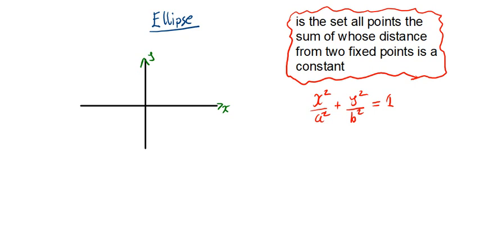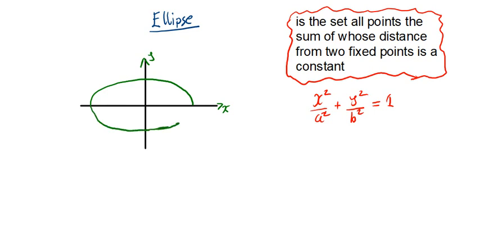So I can temporarily draw an ellipse. This is how an ellipse looks if it's along the x-axis. It's going to be something like that. It's not really perfect, but when you're using a pencil, this will be much better.